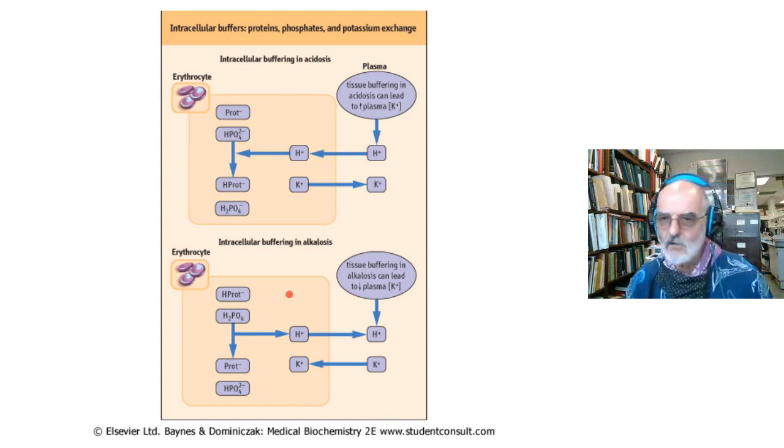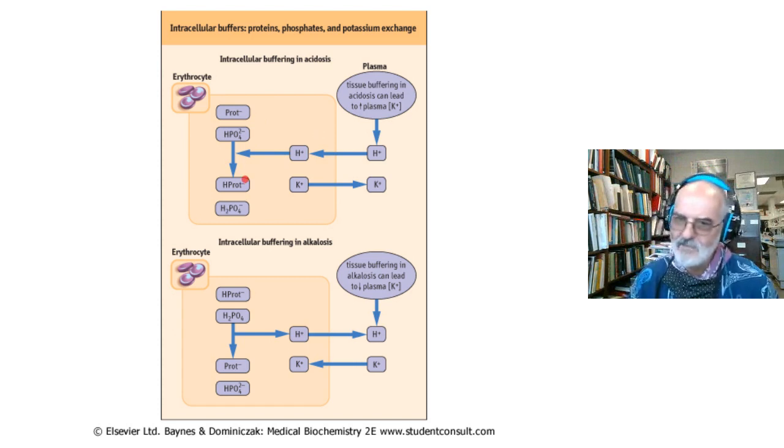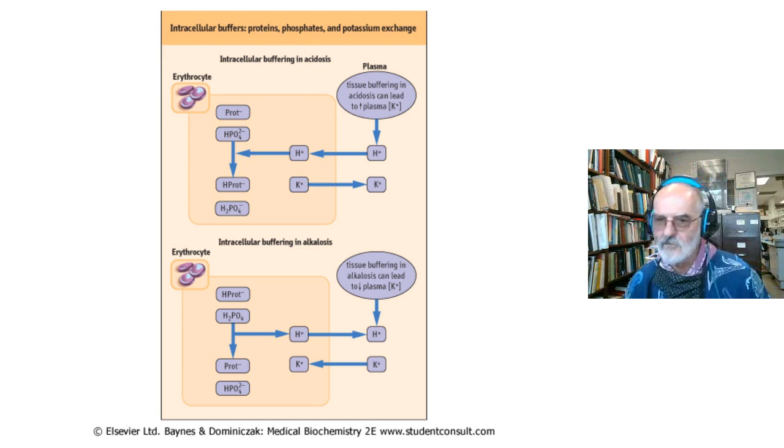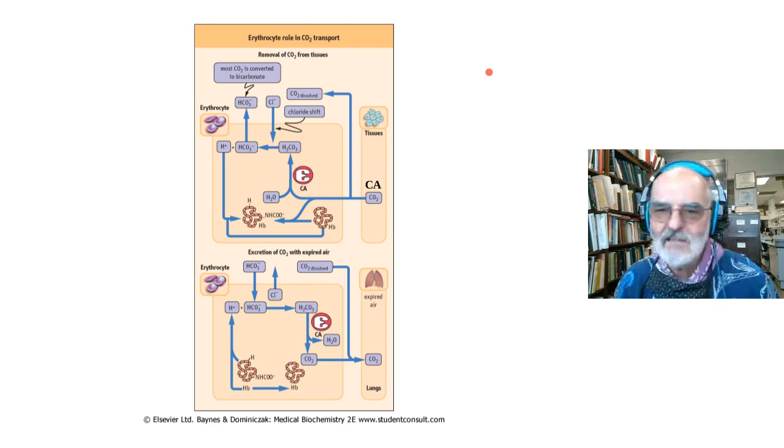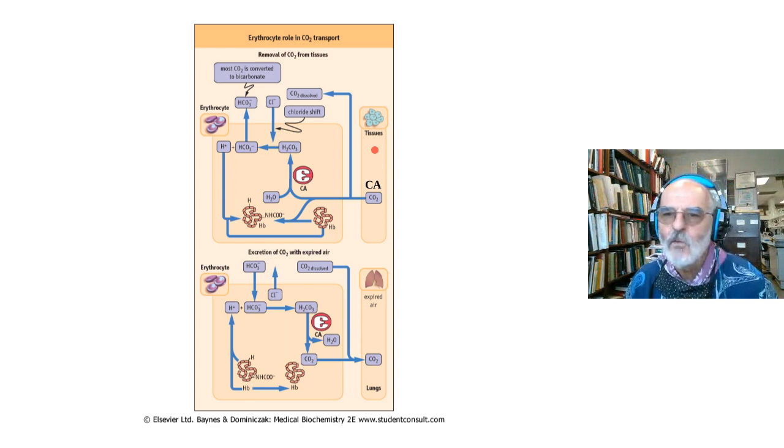And notice the process is reversible. At the tissue, proton net binding, and at the lungs, proton net release. Now, a slightly different rendition of this combines this with what's happening in the tissues and the lungs, but it also combines it with the role of an enzyme.